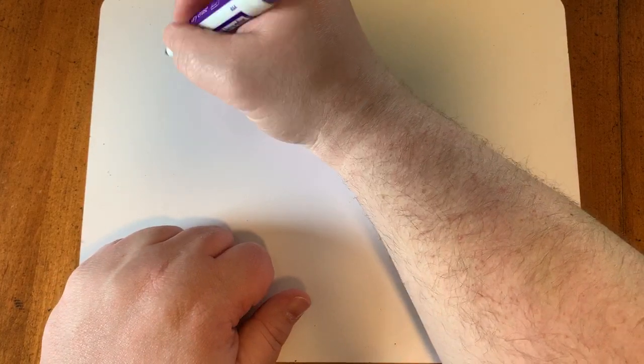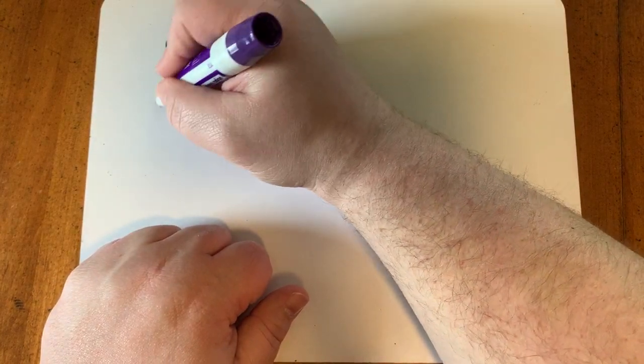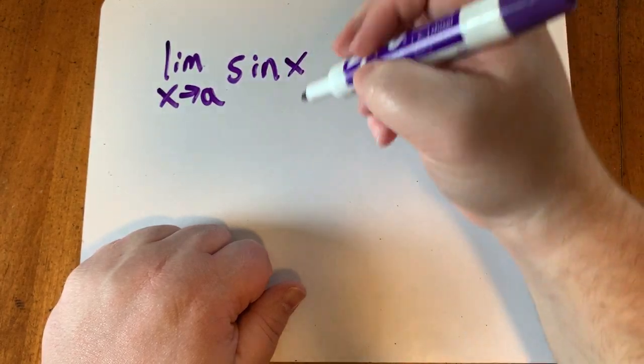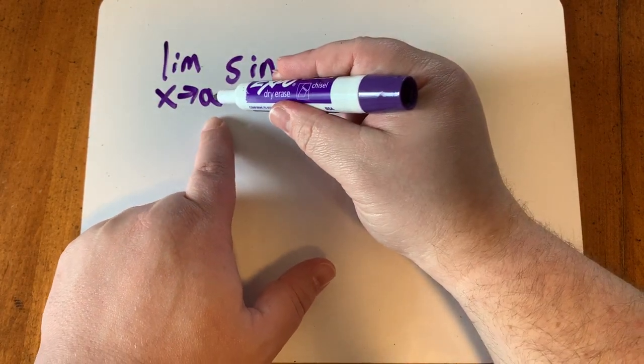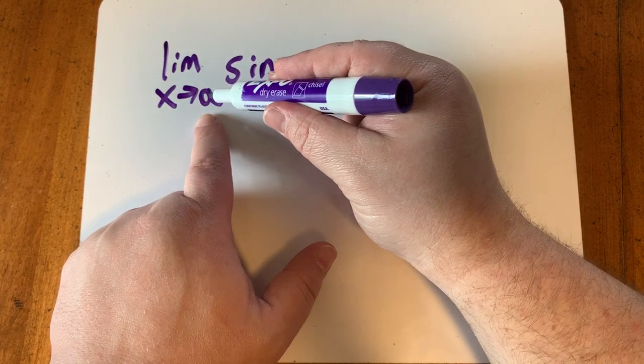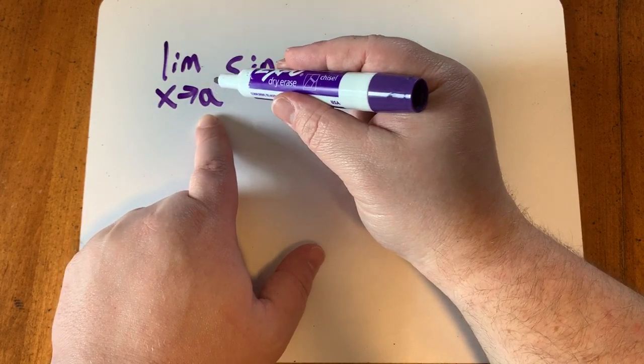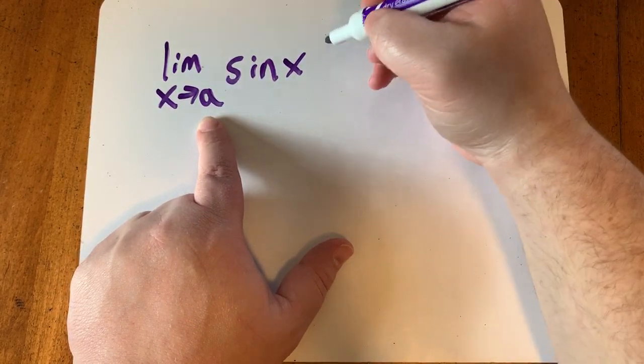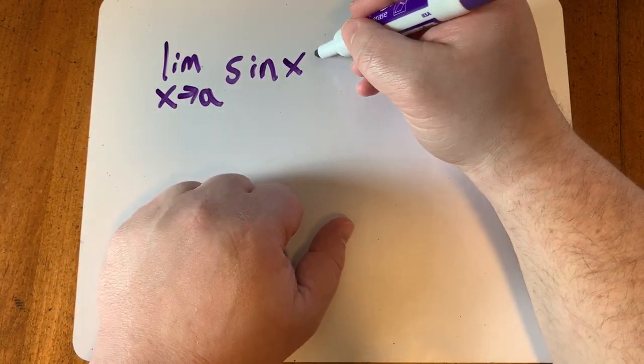Now, of our basic trigonometric functions, it's very straightforward to take a limit. If you were to do the limit as x approaches a of, say, sine of x, well, if you're doing the limit as x approaches a, a has to be a member of the domain of sine, and the domain of sine is all real numbers. There are no discontinuities in sine of x.